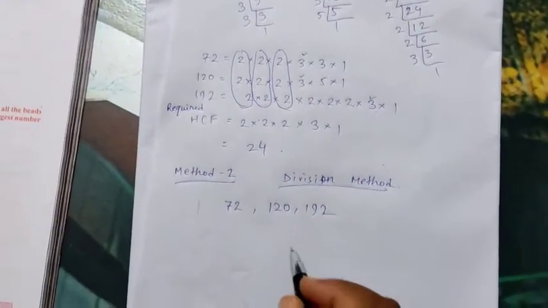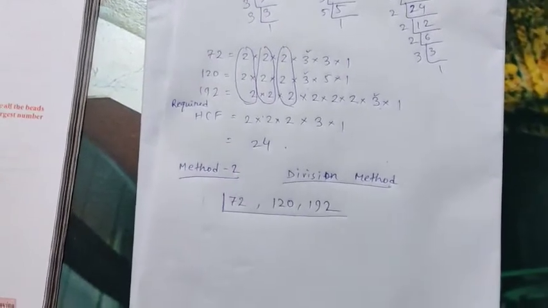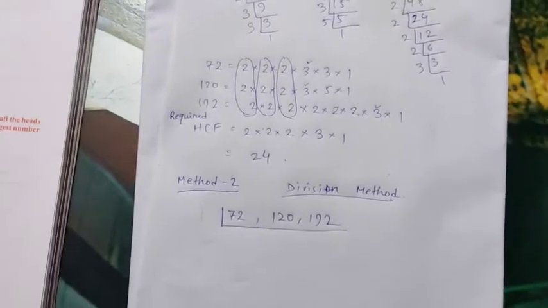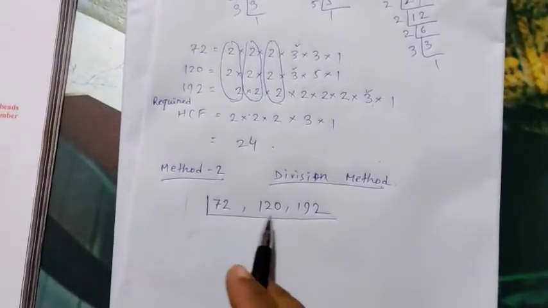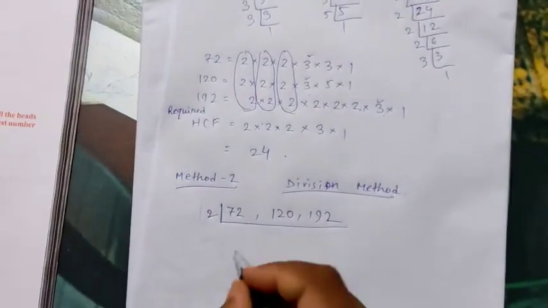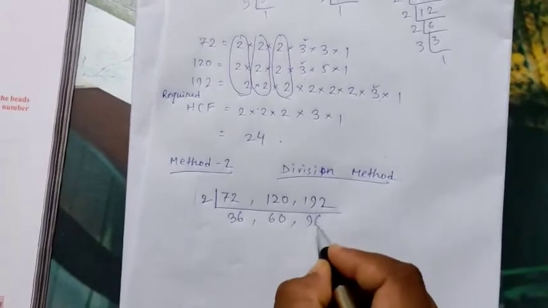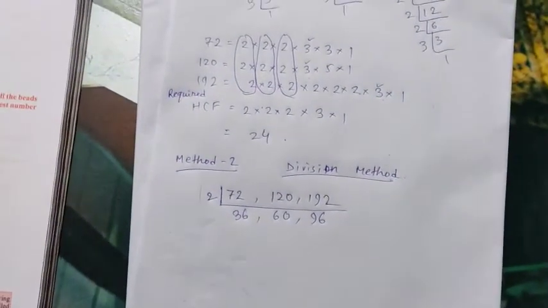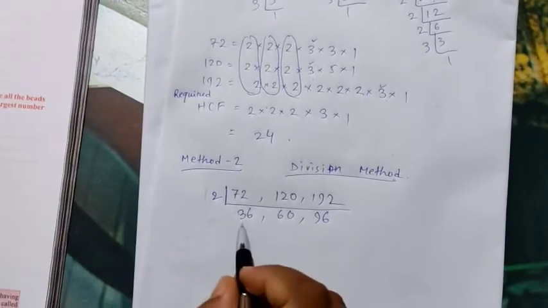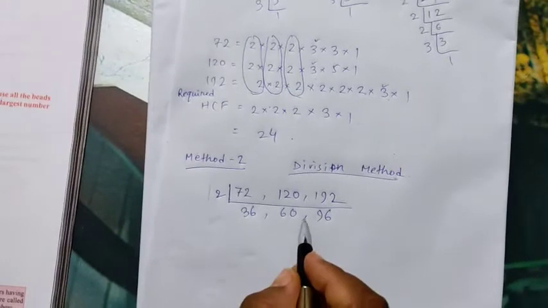Here we don't have to give prime numbers, but a number which is a factor of all three. First we give 2: 2 36s are 72, 2 60s are 120, and 2 96s are 192. So all three are divisible by 2. We have to continue this process until any of them is not divisible.